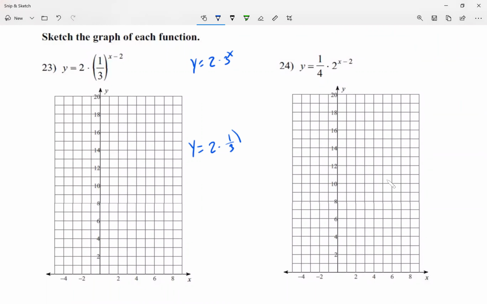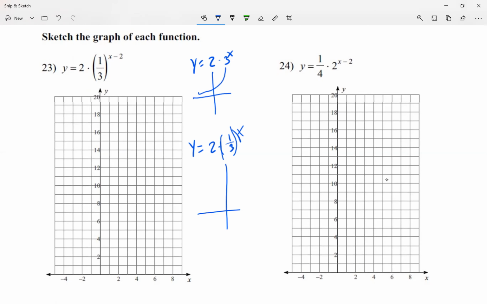So we talked about the base being more than 1, like in our first example. The base is 3, so it's an example more than 1. We said that function looks like it's going up. Now, when the base is a positive number less than 1, the graph looks like it's going down, right? We talked about that last week.